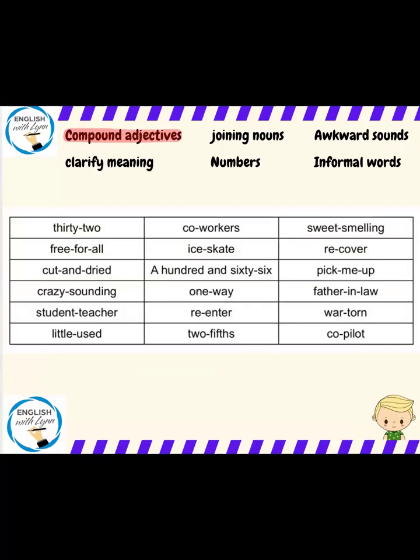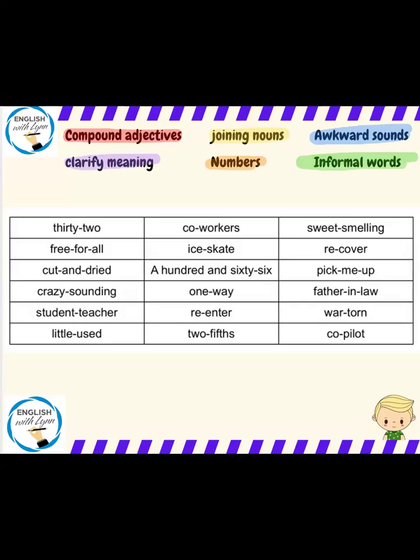You have the heading joining nouns, and they're going to be yellow. Words that make awkward sounds are going to be these light blue ones. Then we've got a nice purpley colour that we're going to clarify meaning, and an orange one for numbers, and we've not used green yet, so we will have a green for the informal words.